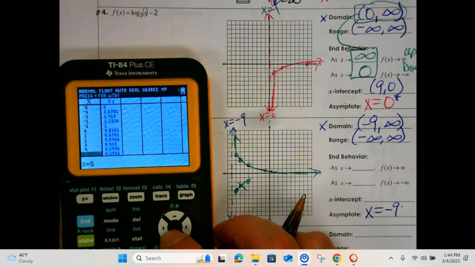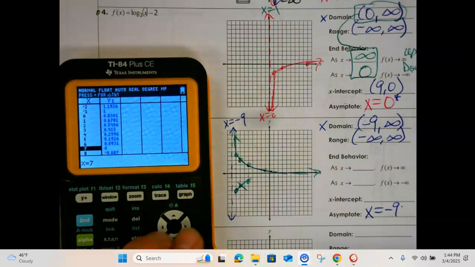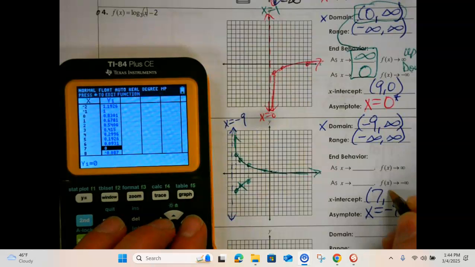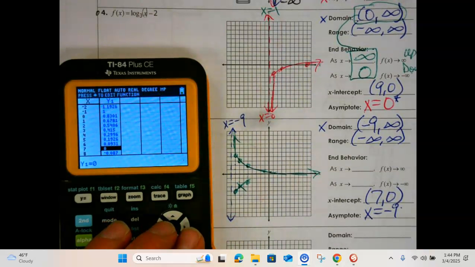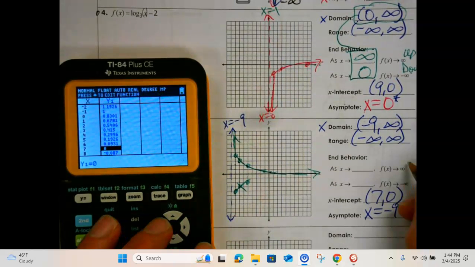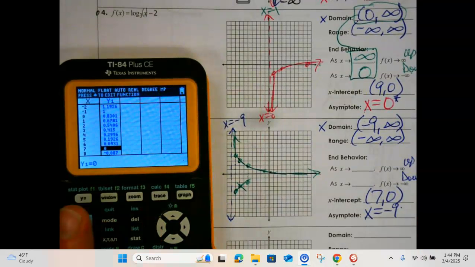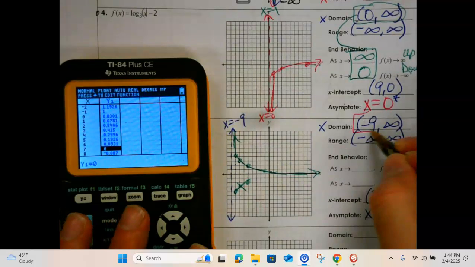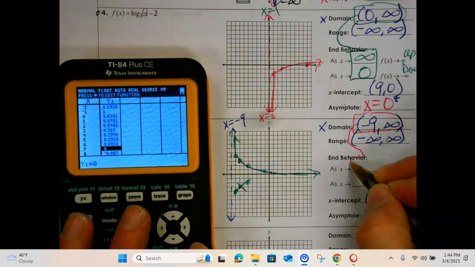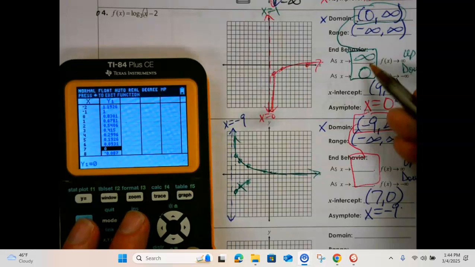Now I start to look at this, and I'm like, ooh, man, I had to go a ways. There's my x-intercept. I just had to scroll a little bit. But here's where it finally changes a little bit. We've been so used to this going in this particular order every single time.